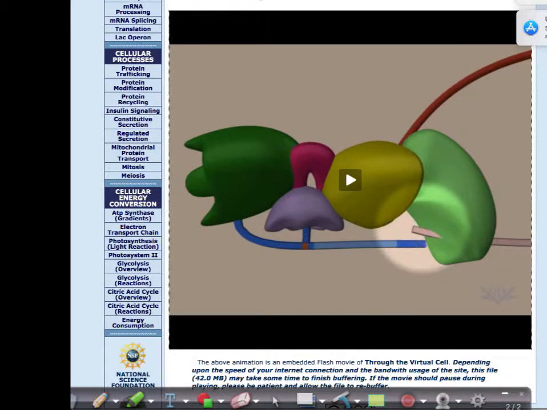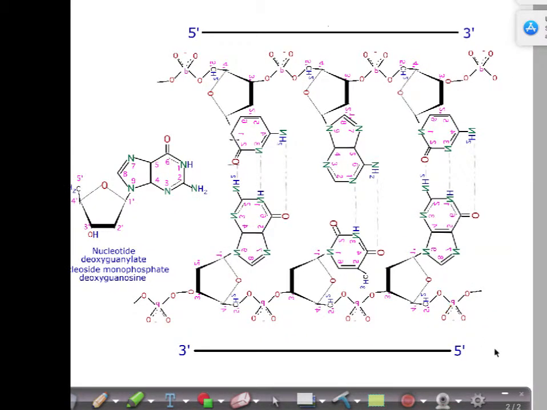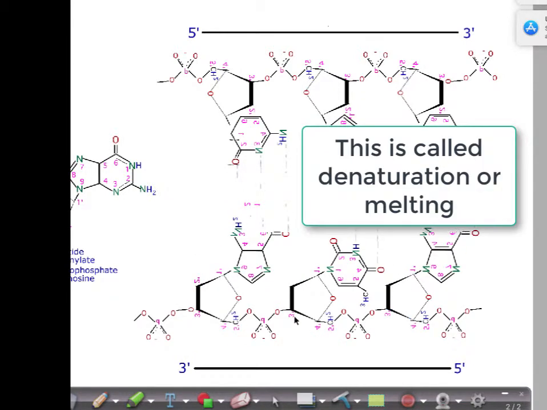So what that means when this denaturation takes place is that these 2 strands of DNA will come apart. So essentially the hydrogen bonds here between the nitrogenous bases are broken, and the 5' to 3' and 3' to 5' strands are pulled apart from one another.